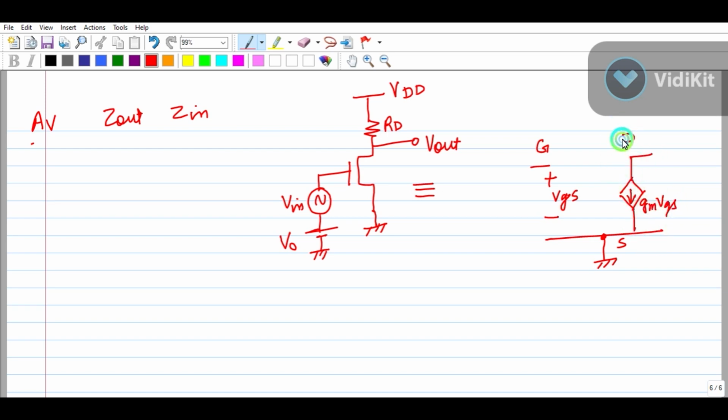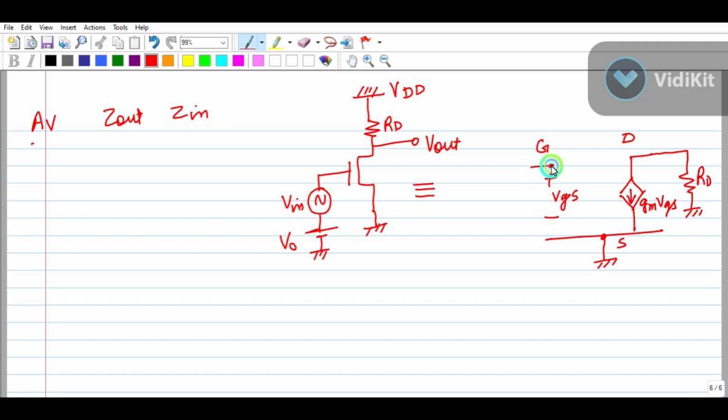Now see, for making this small signal model, you have to ground the DC source. So drain is having RD like this, and after RD there is a ground. We have to make it ground when we want to draw the small signal model.